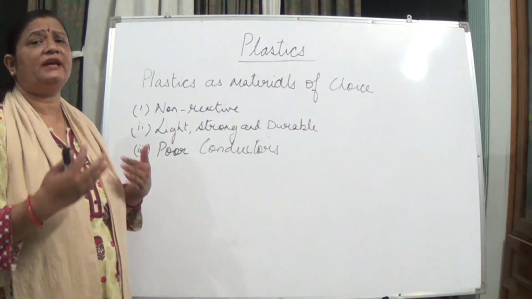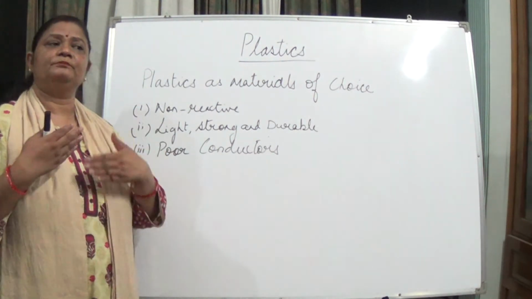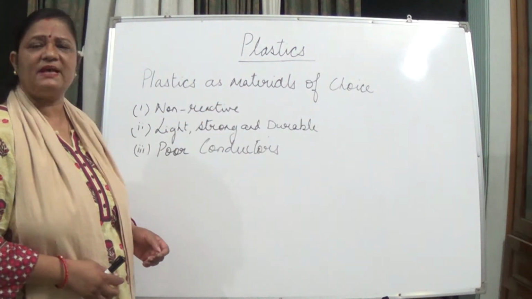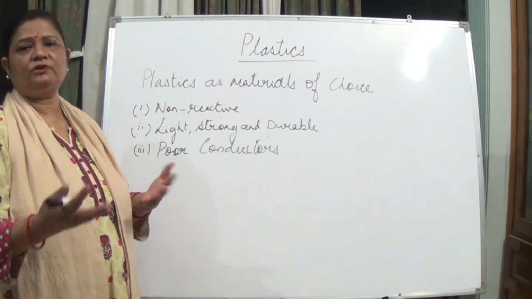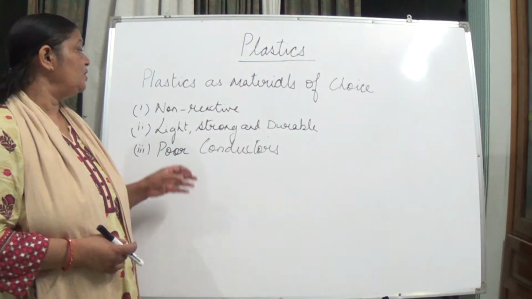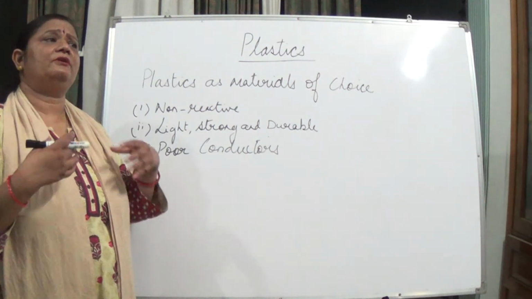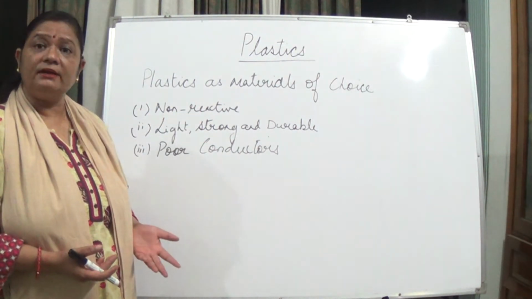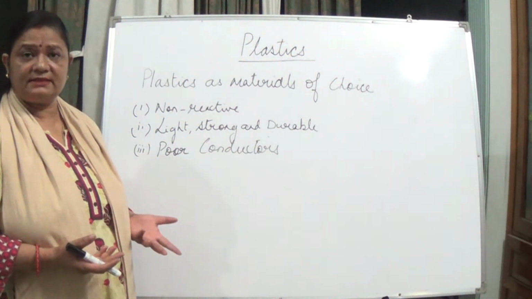Even though they should be kept in glass containers, plastic is very cheap, and it is a substitute for glass because it is non-reactive. So anything we use plastic for, we are sure it will not react. So it is basically safe.